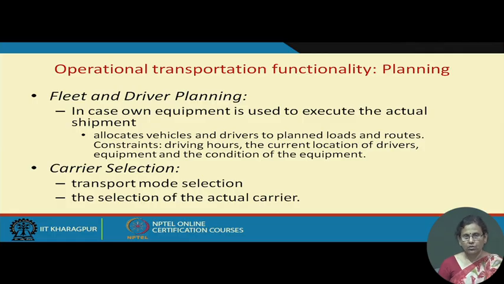Let us say one driver can drive a maximum of 8 to 10 hours per day. It also considers the current location of the drivers, so that a driver can be picked up from the nearest location, and the condition of the equipment. For example, if some carrier has to go for maintenance. Then carrier selection is about transport mode selection, whether it is road transport, rail transport, or maritime transport, and so on. Then selection of the actual carrier.